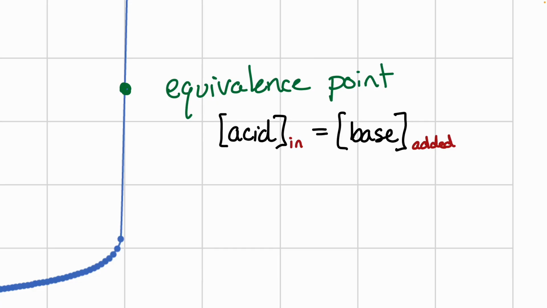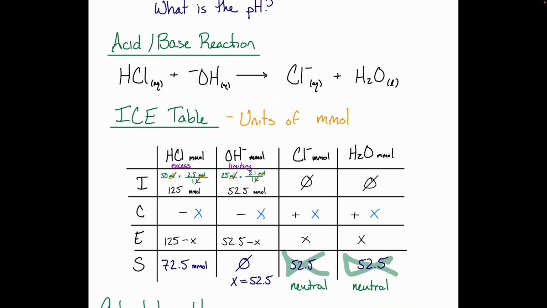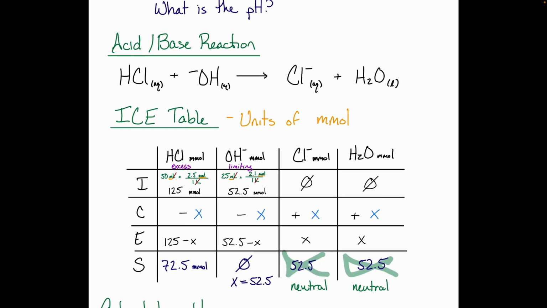Okay? So, I'm going to do this the long way, just to prove a point here. All right, I wouldn't bother trying to copy all this down here, because I'm going to show you that there's no point in doing it the long way. All right, so we're region 3 at our equivalence point here.